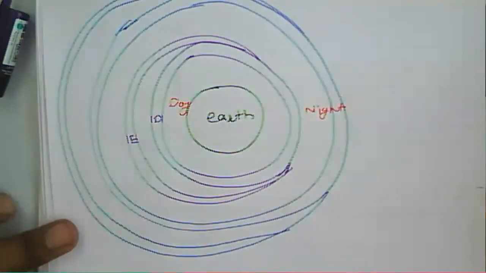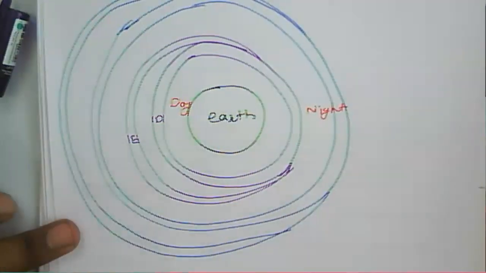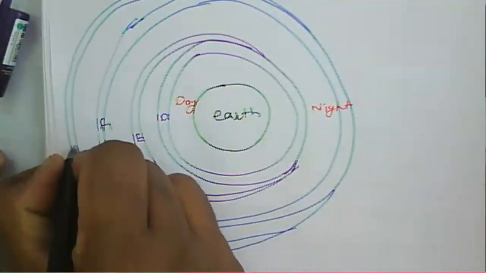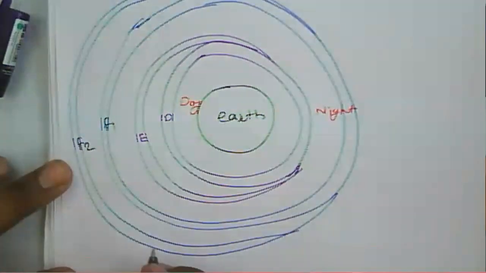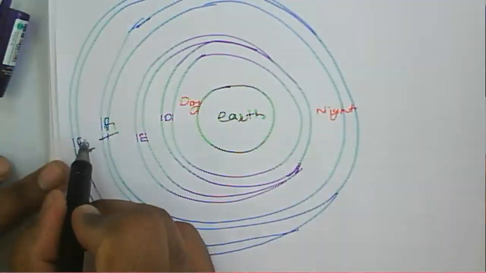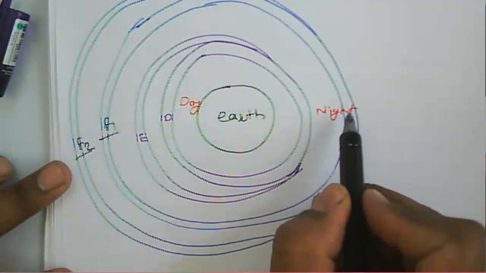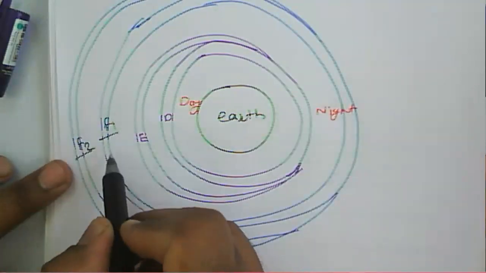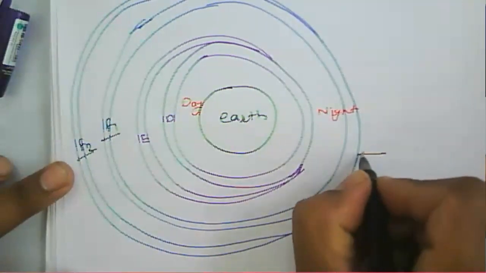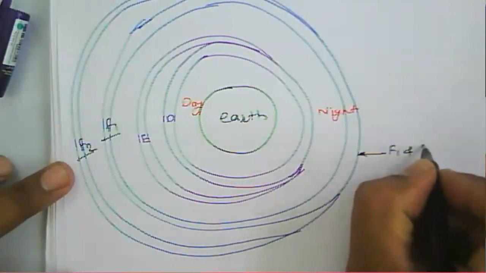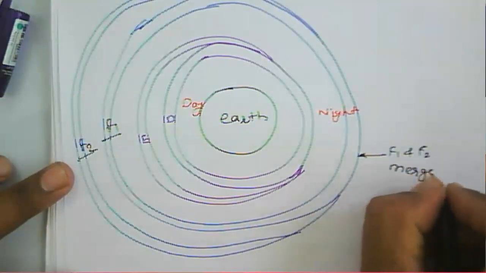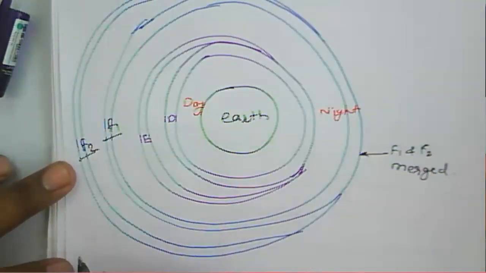And we have the F1 and F2. This one is F1 and this one is F2. So this F1 and F2 layer will be merged at night. But in the day, it is separated. Here you can see this one is F1 and F2 that will be merged at night here.